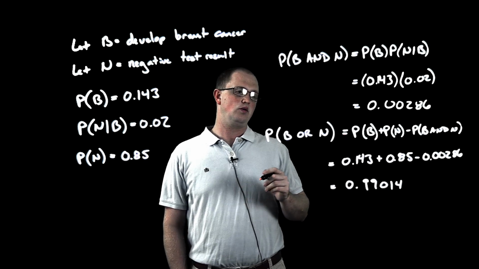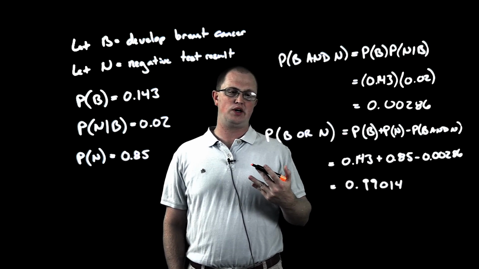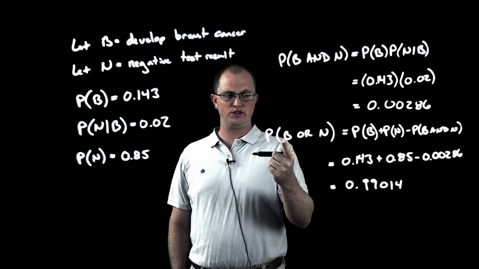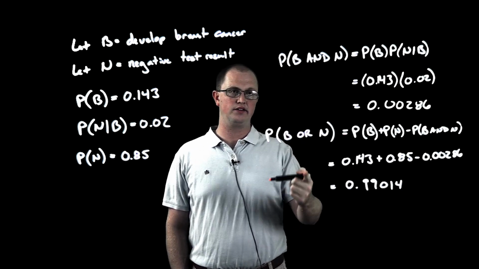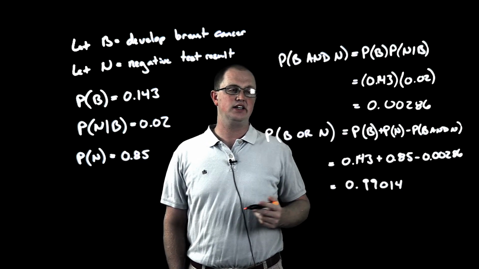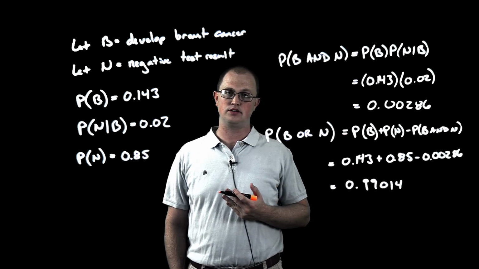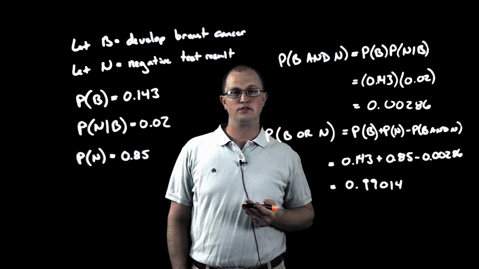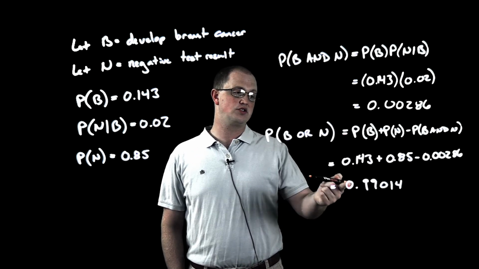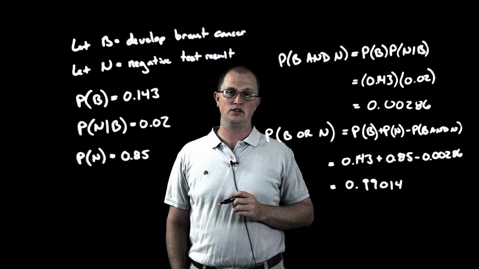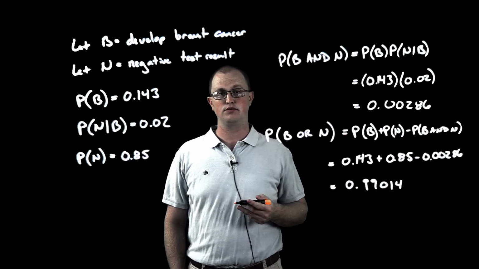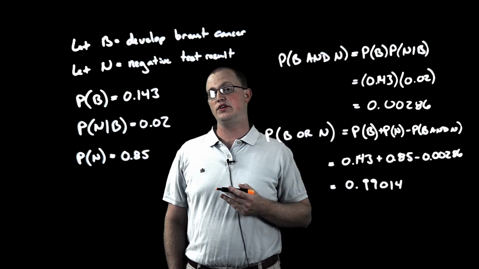And so what is left out of the probability of having breast cancer or getting a negative test result, or both, is the probability that someone does not have breast cancer but tests positive. And so there's still a 1% chance of a person getting a positive test result, even though they don't have breast cancer.